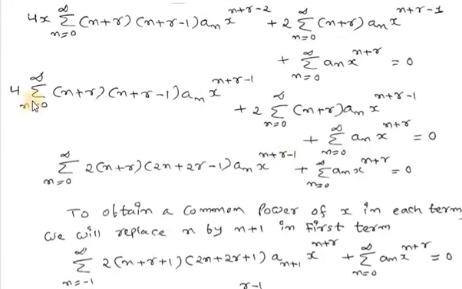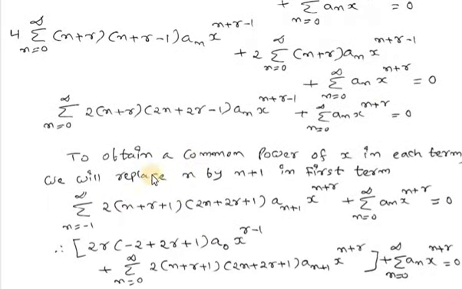So in this bracket we will have 2n plus 2r minus 2, plus 1. So minus 2 plus 1, the result is minus 1. So this is the simplification of these two terms. Plus this term will be as it is.